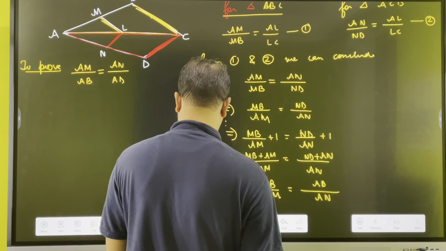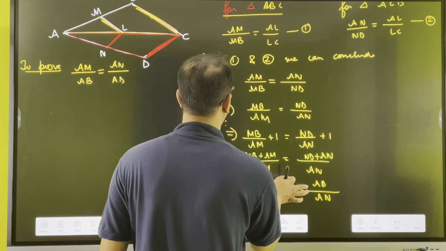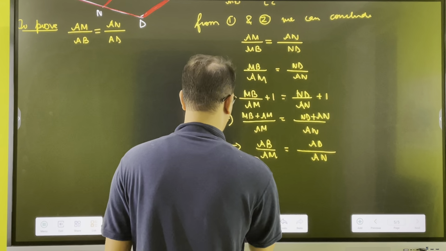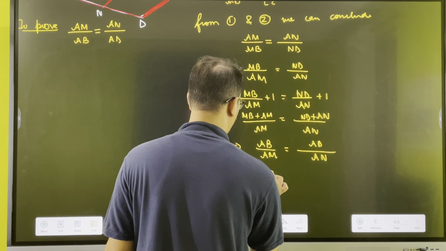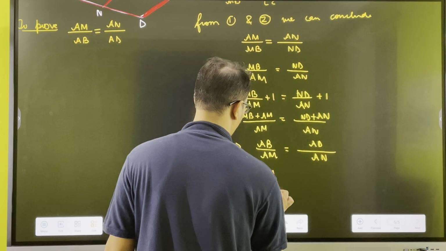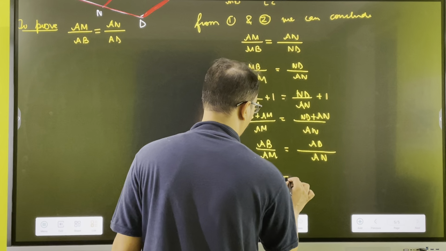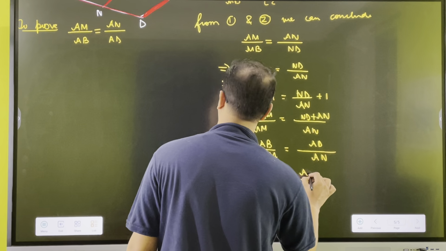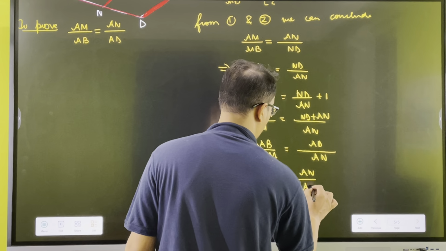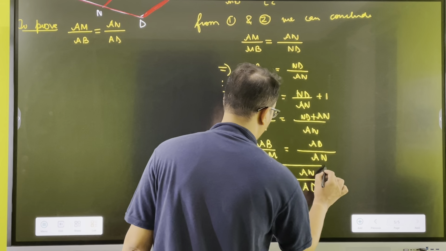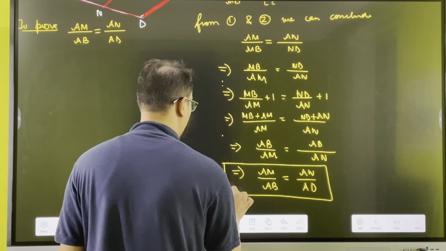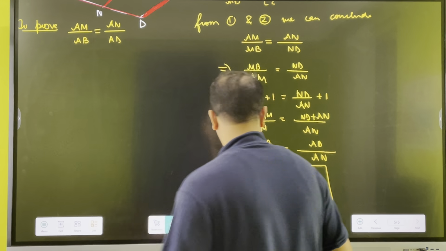Again we'll write the reciprocals, just reverse it, it will become AM by AB equals to AN by AD, which is being asked in the question, and this is the required proof. So students, this was a very simple numerical.